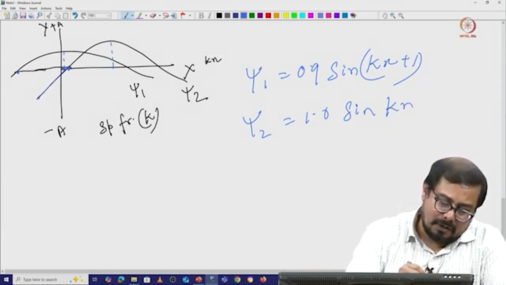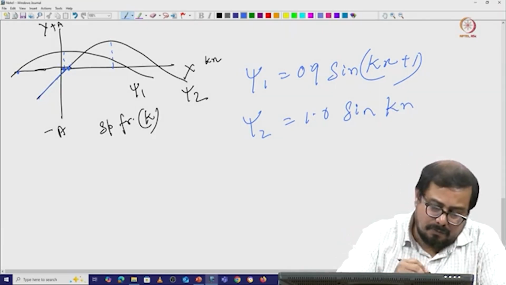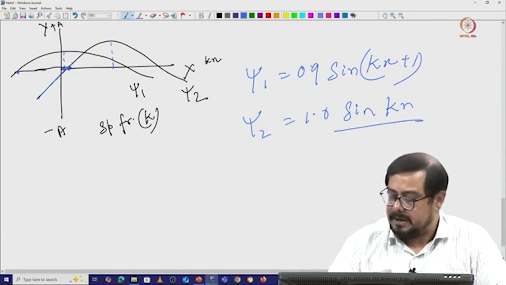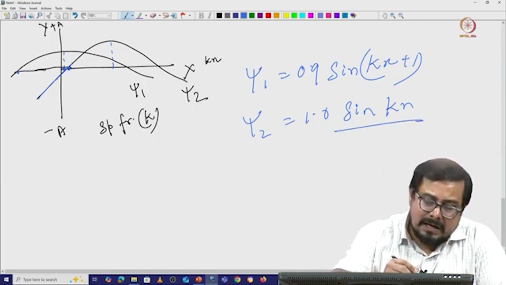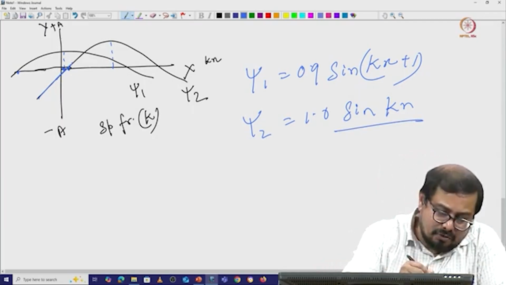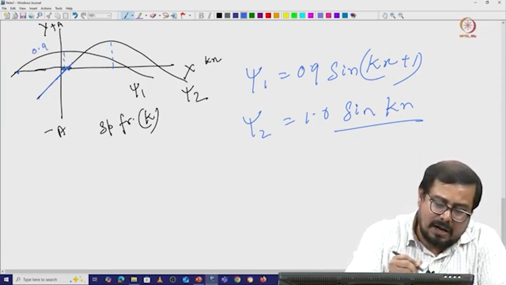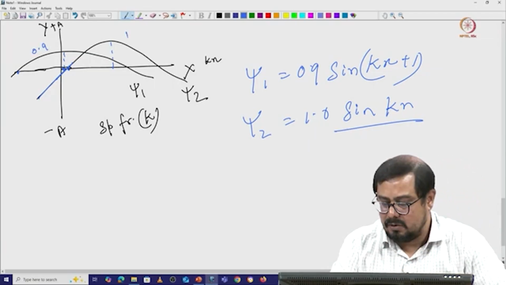Because this particular wave starts from almost 0. That is why I am representing it like that. The amplitude of this one we consider 0.9, and the amplitude of this one we consider 1.